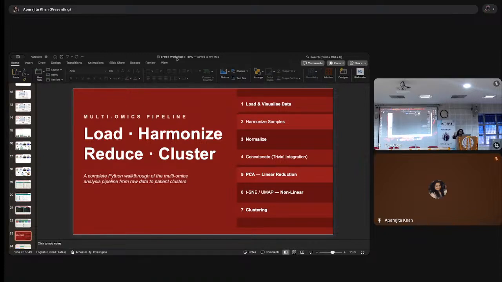What I want you to do is, in your machine, have a folder which has just these two files.